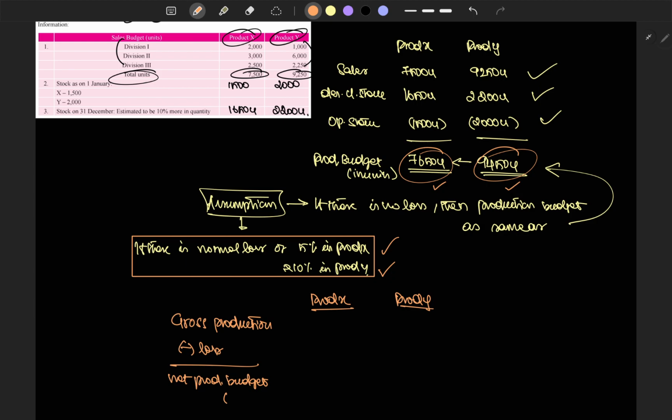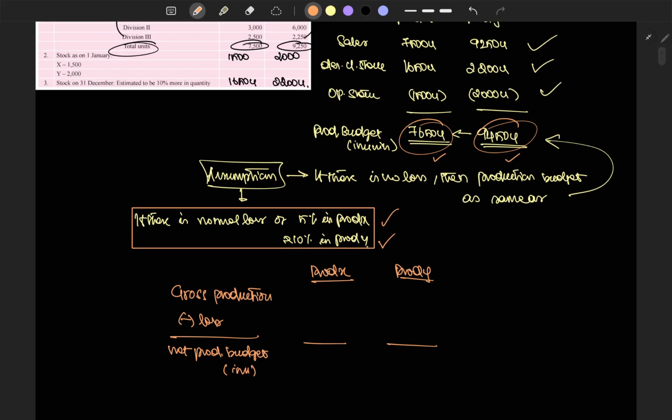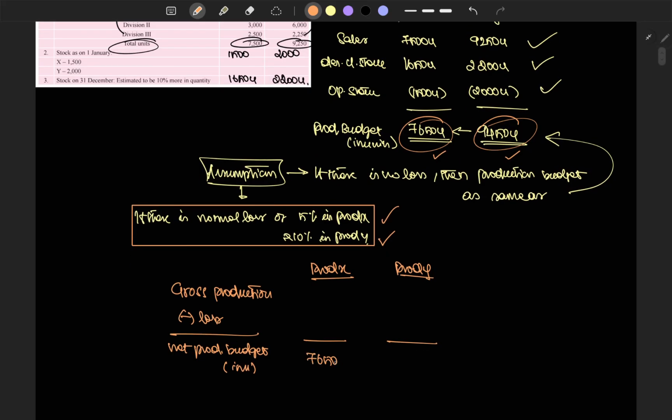We should forecast the loss, and based on the loss we have to produce our products as per the gross production levels, in units. We know the net production budget, which is 7650 units of product X and 9450 units of product Y.